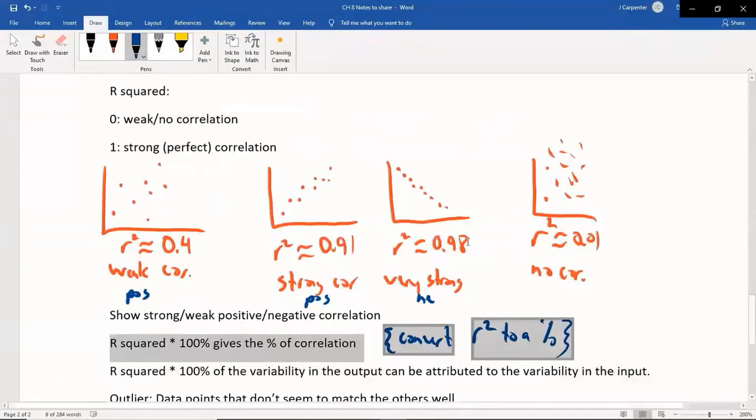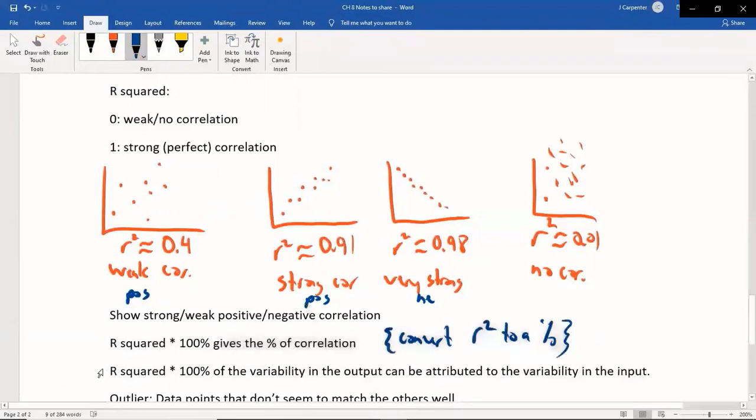So an R squared of 0.98 says that 98% of the change in the output is because the input is changing. Caused is kind of a weak word to use. Because the input is changing, the output is also changing based on observation. That's a better statement to say.